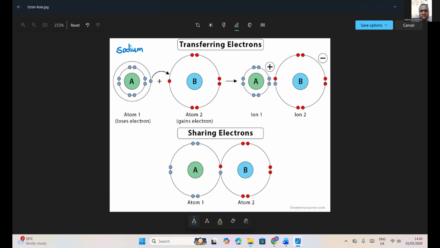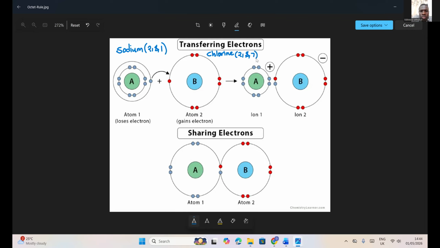And this is chlorine. Sodium has electronic configuration 2, 8, 1, so that's why it has that representation. Then chlorine has electronic configuration 2, 8, 7.